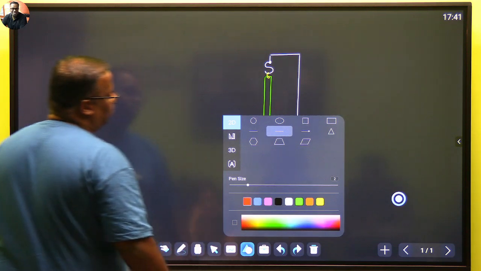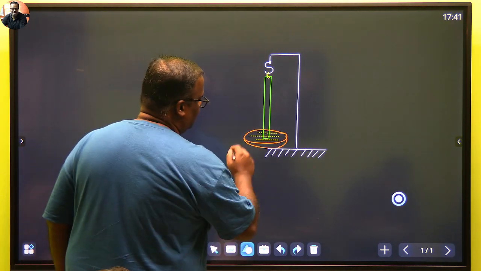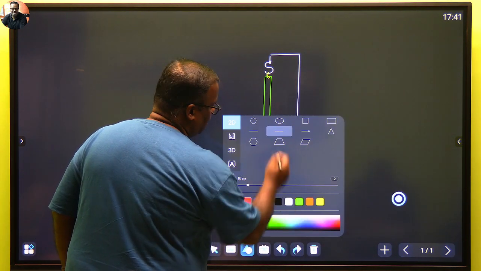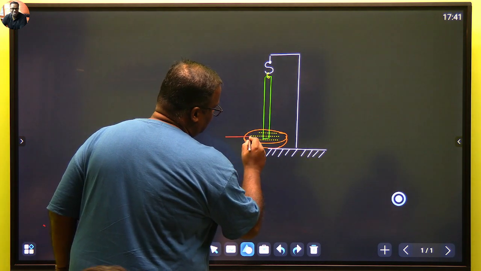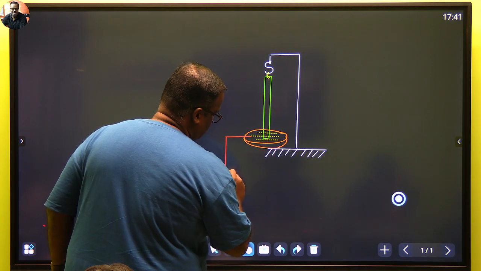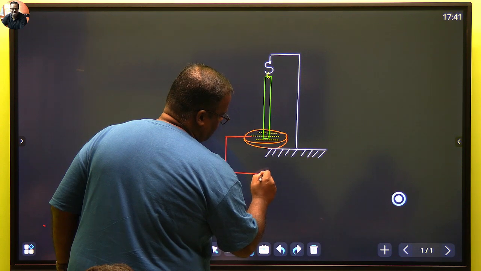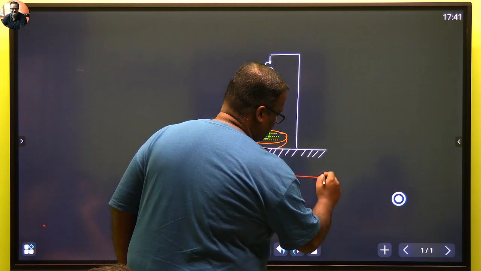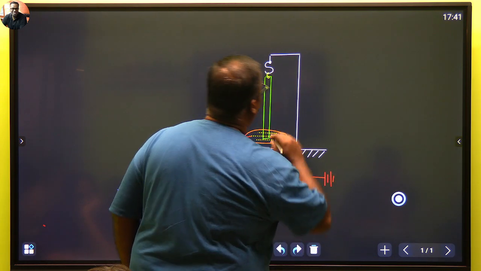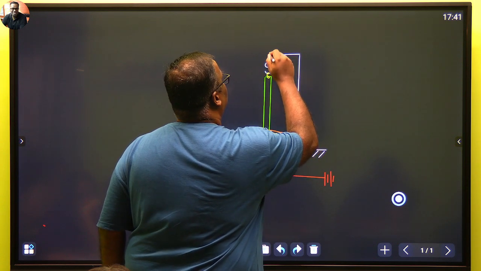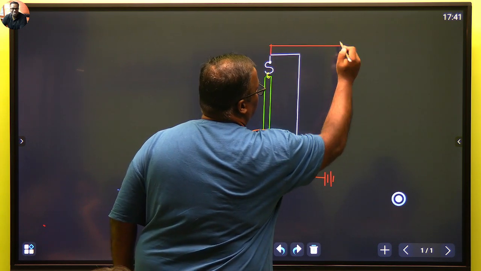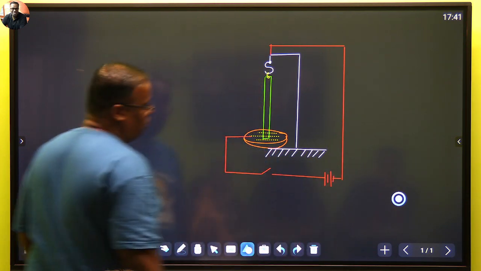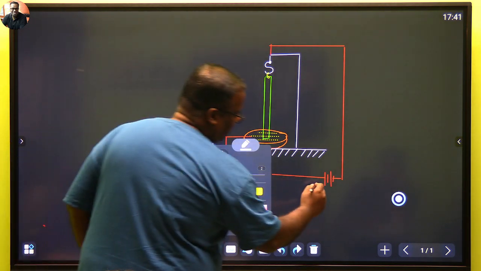Right. Now we will complete the external circuit. If you go slowly, you will understand. Have you understood now how this circuit is behaving?